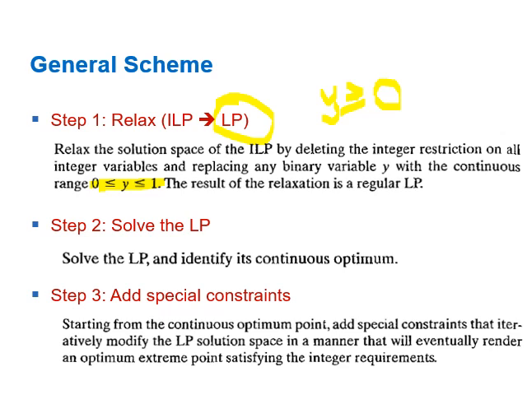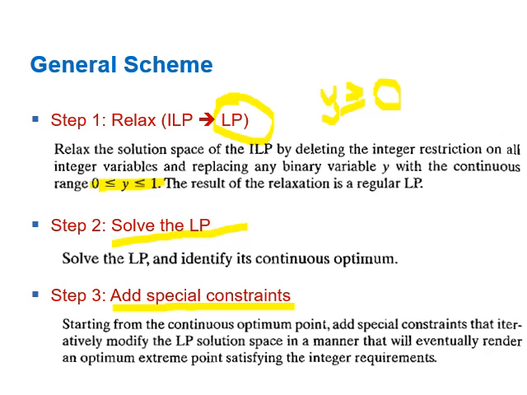The second step is to solve this LP. And since this is an LP, from our earlier course, we know how to solve these. The simplex algorithm solves the linear programming formulation, so we can get a solution for the LP. Then, using the information that we get from this solution, in step 3, we add some special constraints into our original formulation and then resolve.